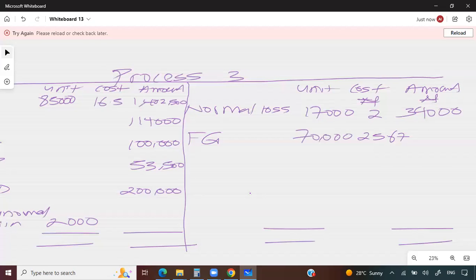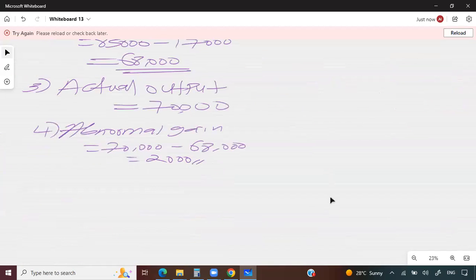Whatever the value of the scrap is, we need to subtract it, divided by the expected. That will give us the cost that we are going to use to carry this out. And let me also write it as well.